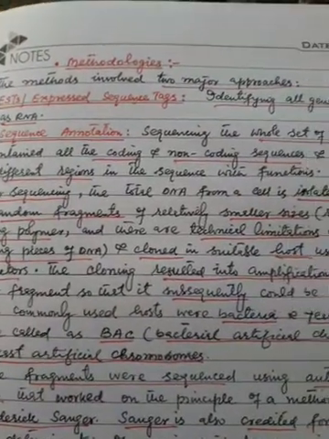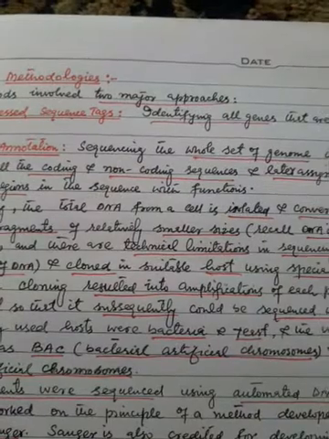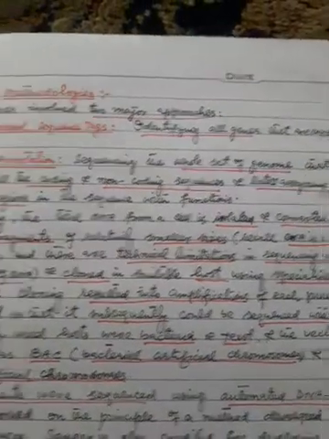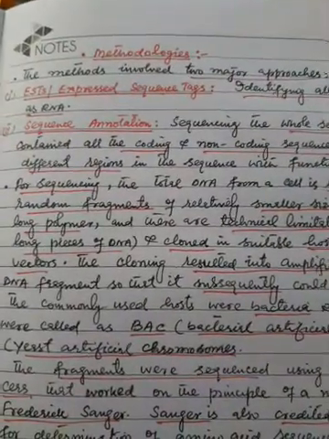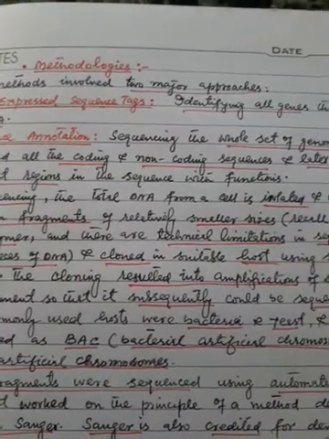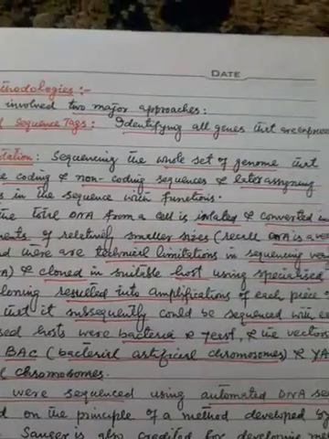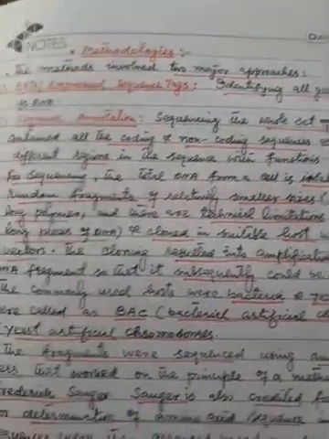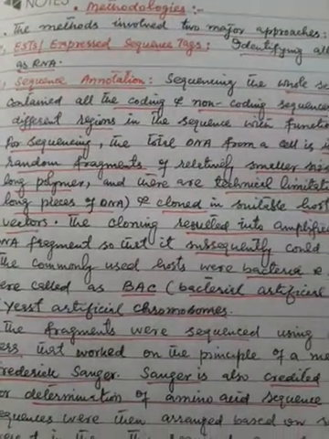The commonly used hosts were bacteria and yeast, and the vectors were called as BAC, that is bacterial artificial chromosomes, and YAC, that is yeast artificial chromosomes.